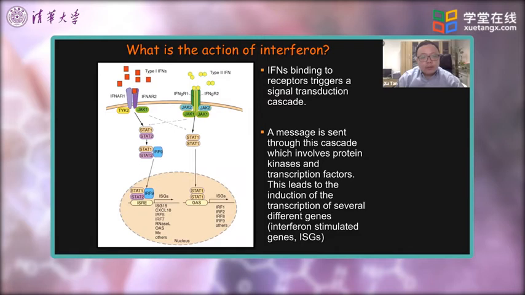As you can see, the JAK protein kinases are involved in this downstream event, which eventually activates transcription factors such as STAT1-STAT2 transcription factors, as well as IRF9 transcription factors downstream of type 1 interferon.